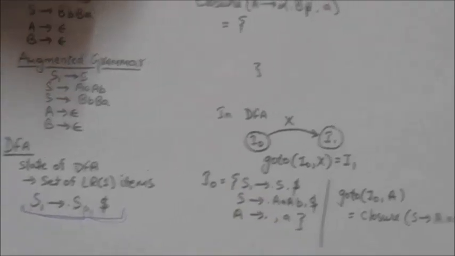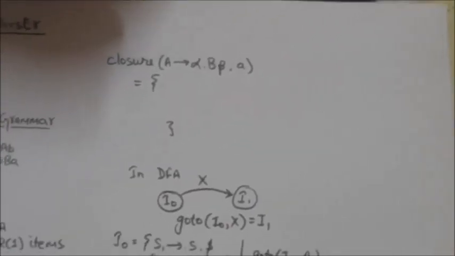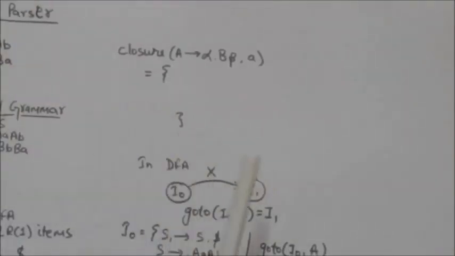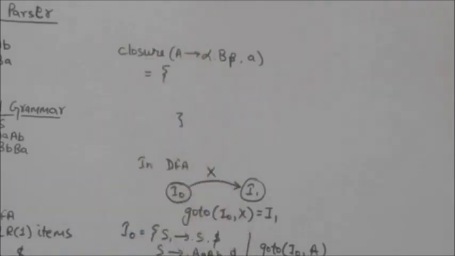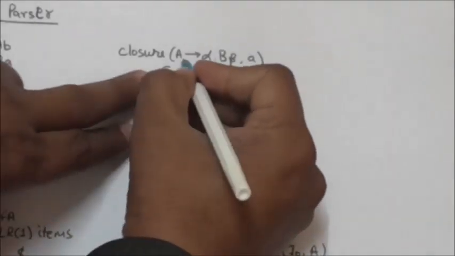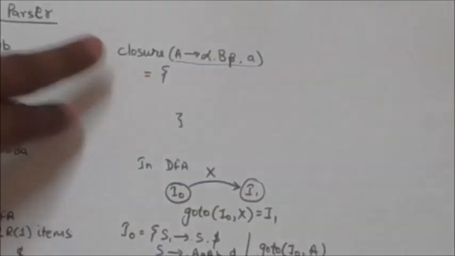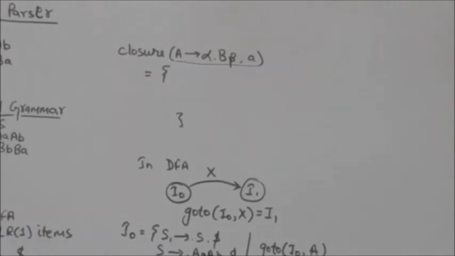As in the SLR1 parser, to construct the DFA we need to be aware of two functions, the closure function and the Goto function. So what is the closure function? Suppose we need to find the closure of this LR1 item. You must know that the closure of an LR1 item is a set of LR1 items.